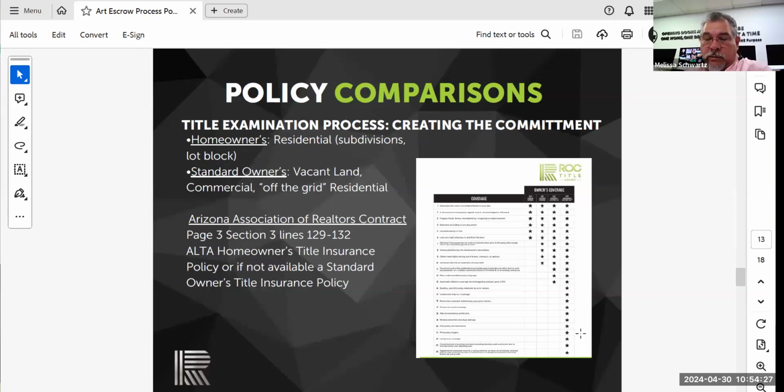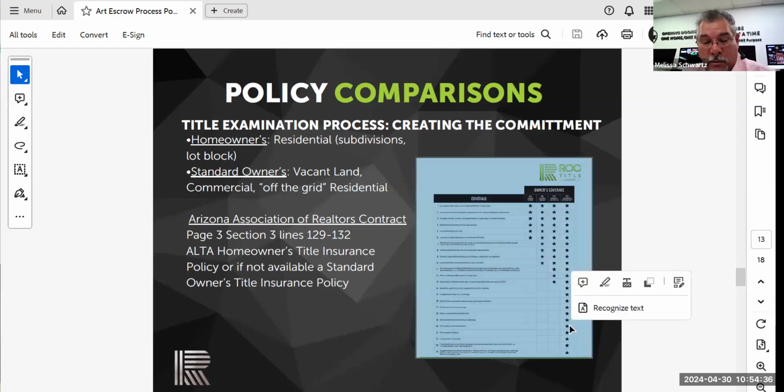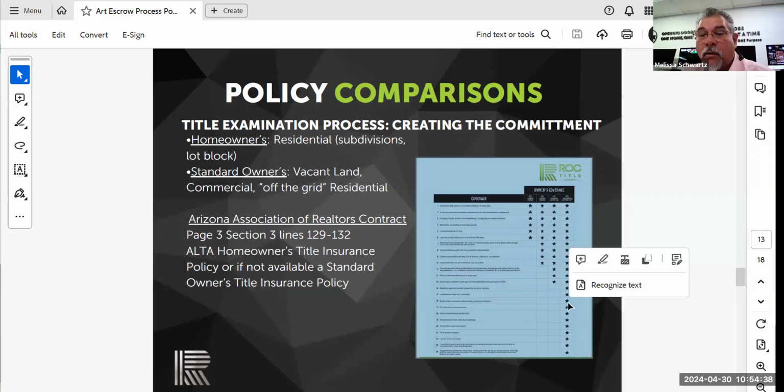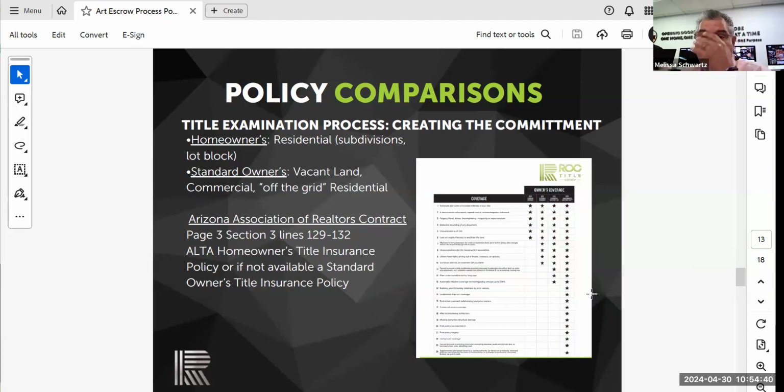Policy comparison. This is a form here regarding the homeowner standard policy. I don't know if you guys can see that though. No. We have a form that shows the difference in the policy between standard owners, standard lenders, and then extended owners and extended lenders.